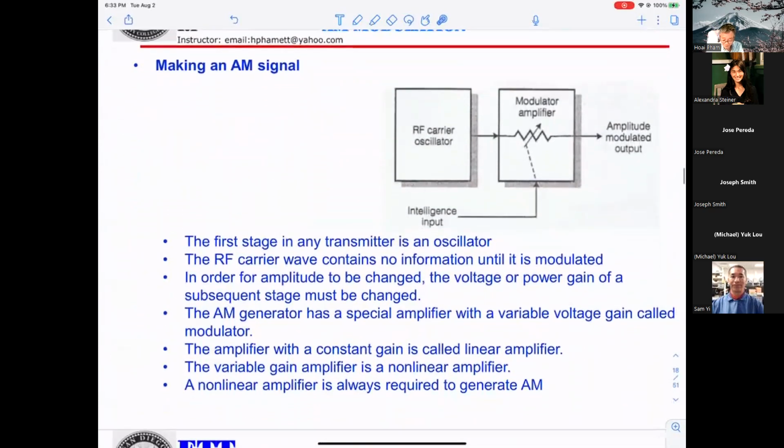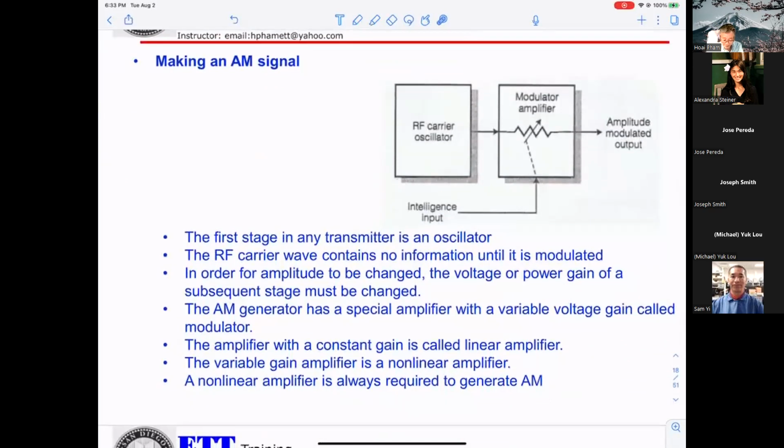Now, making an AM signal. This is an RF carrier. This is your message, your voice. This is a modulator. In the modulator, there is a modulator amplifier.